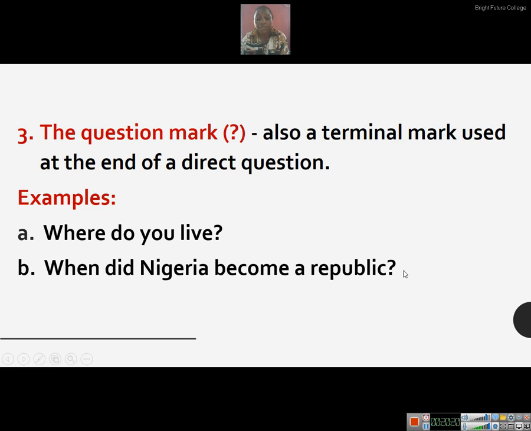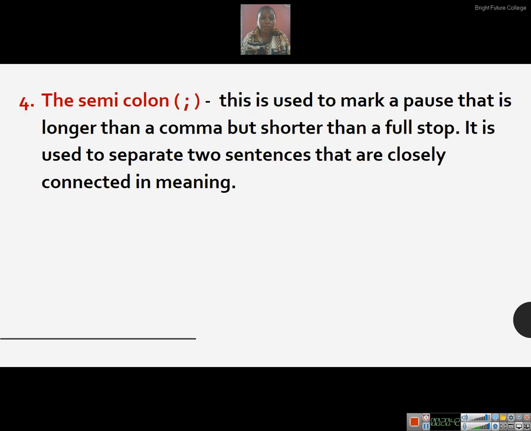"May I use your pen?" That is a question for permission. So the question mark is used to end a sentence that asks a question. That's why we call it a question mark.